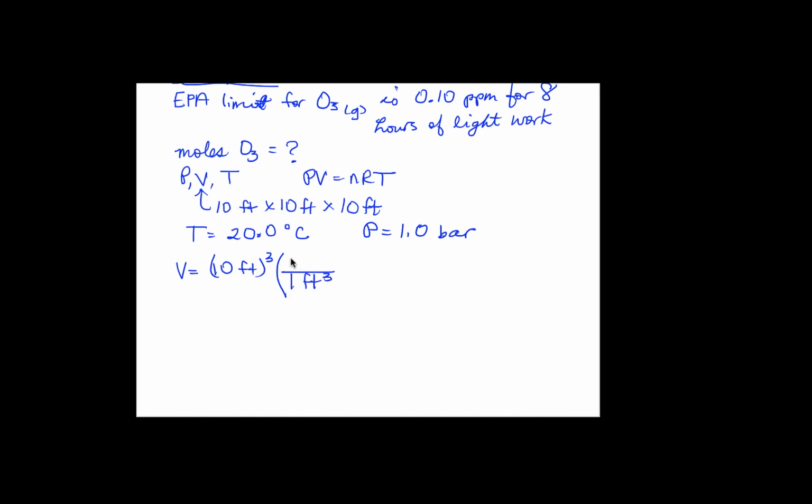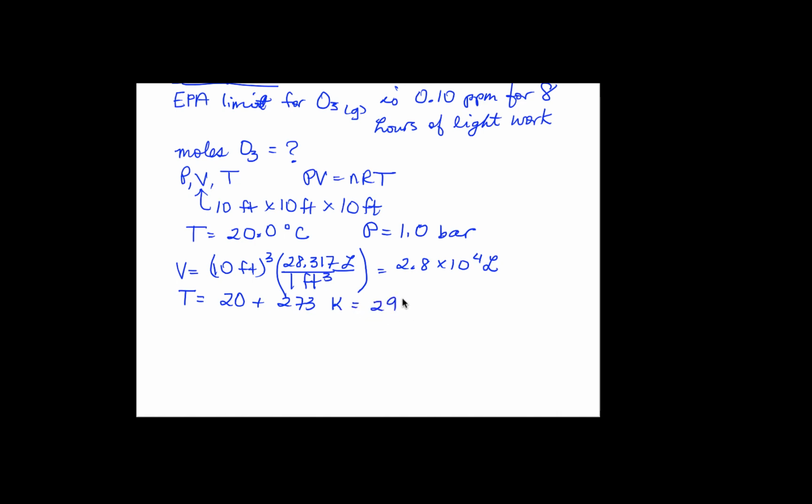So 1 cubic foot, if I look up that conversion factor, it's 28.317 liters. 10 times 10 times 10 times 28 is 2.8 times 10 to the 4th liters. Temperature always has to be in Kelvin for us to be able to do gas law calculations.